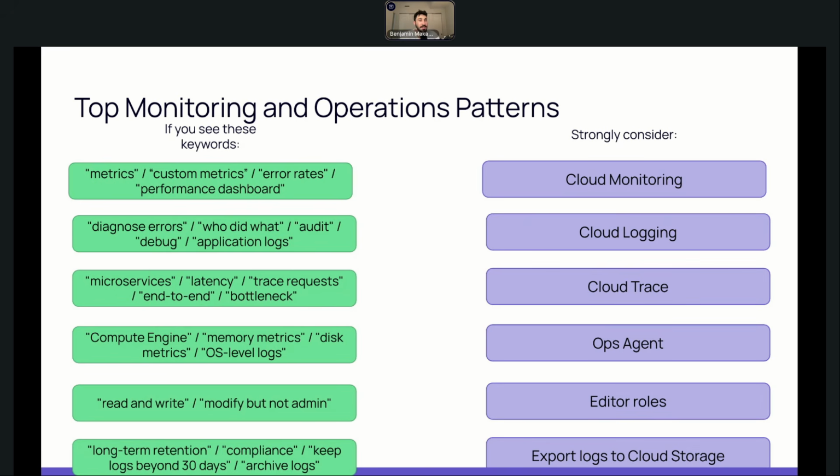So long-term retention on logs, and archiving logs, and then the last part is compliance. Yeah, and keeping logs beyond 30 days. Sorry, the last line was obstructed by this note on the actual live stream.